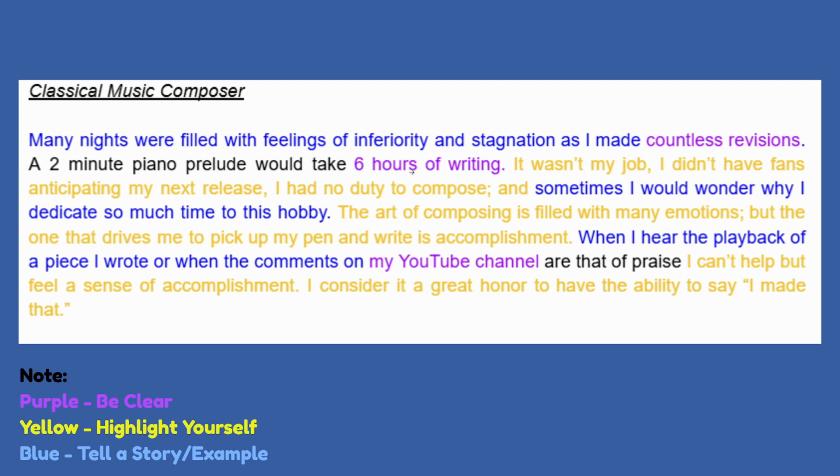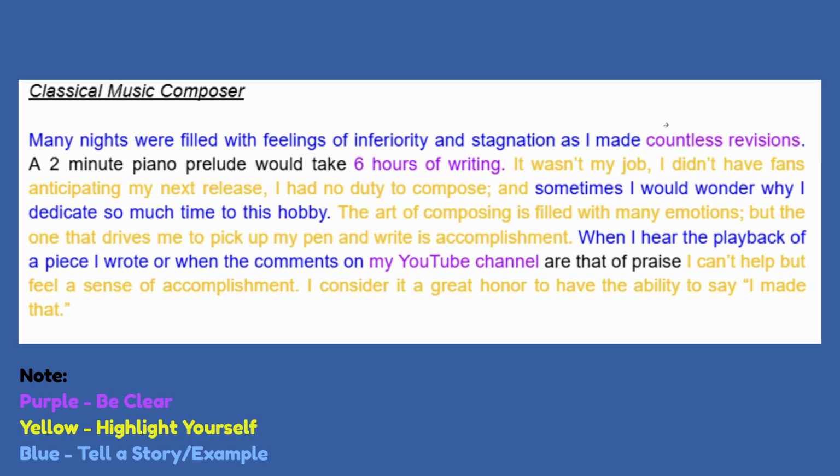Now, sometimes you may want to be ambiguous. So in the sentence right before this, I say many nights were filled with feelings of inferiority and stagnation as I made countless revisions. I want to focus on the last two words, which are countless revisions. I know that I have countless revisions here highlighted in purple, which is supposed to be clear.